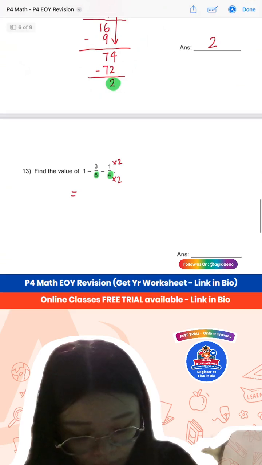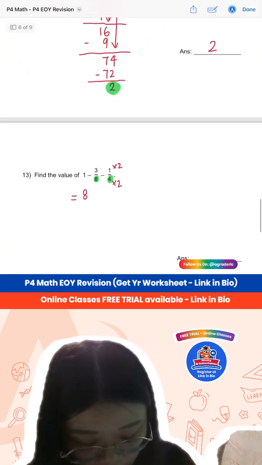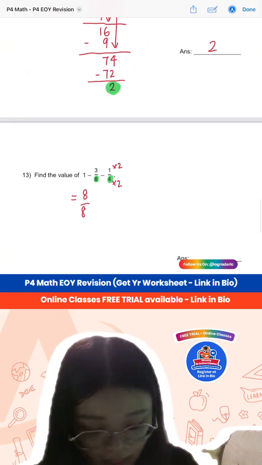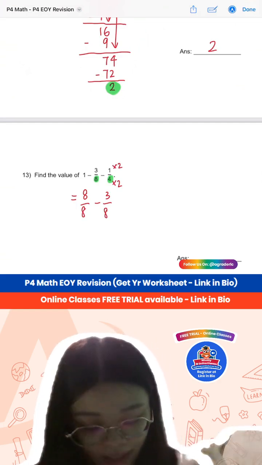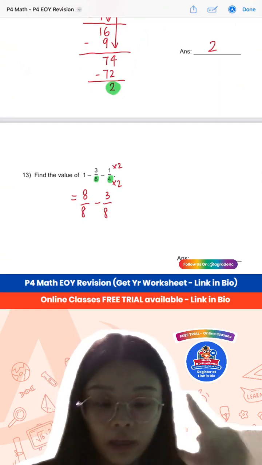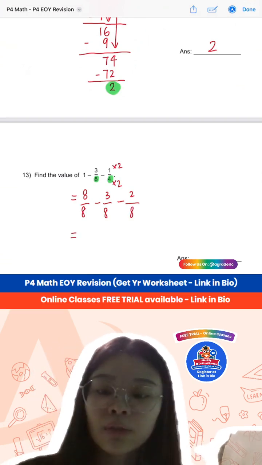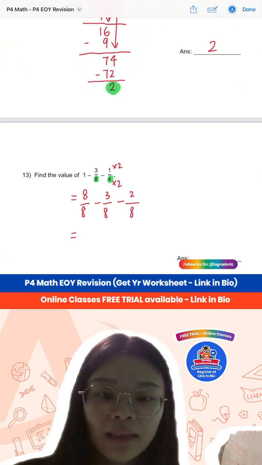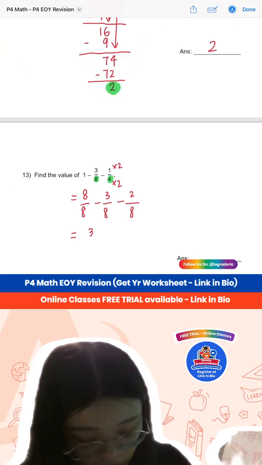Since I'm turning it all into 8, my 1 whole is also now changed into 8 out of 8. Then I subtract 3/8, which can stay because it's already out of 8. For 1/4, 1 times 2 is 2, 4 times 2 is 8. That's how you get your 3 out of 8. 8 minus 3 minus 2 gives us 3.